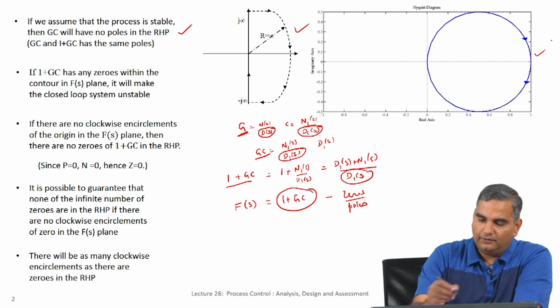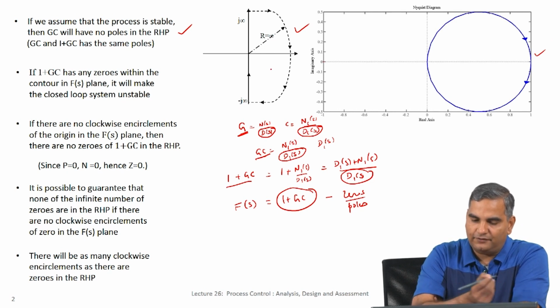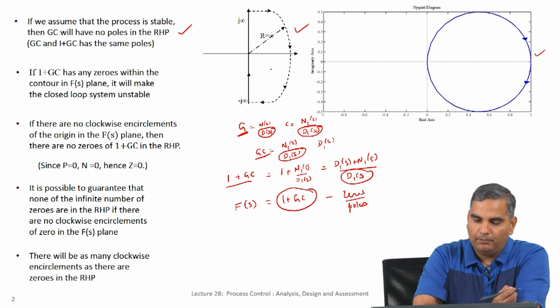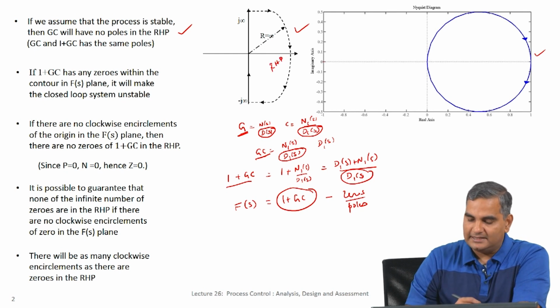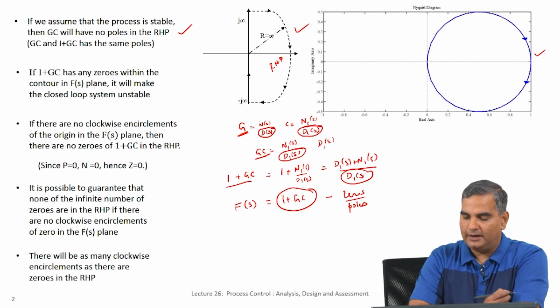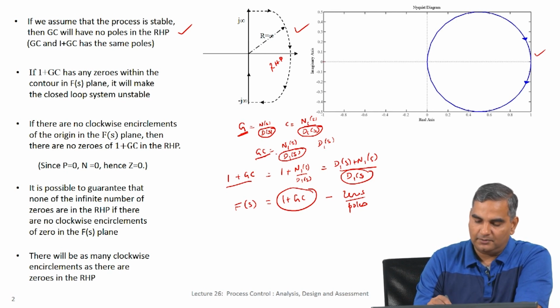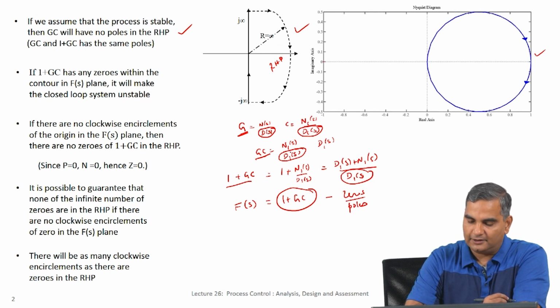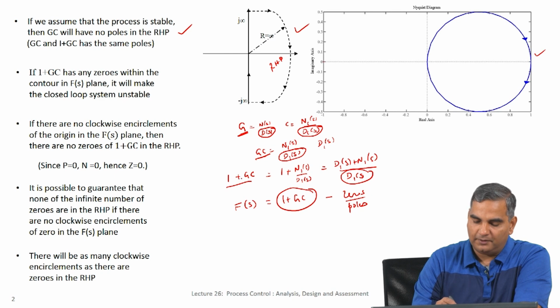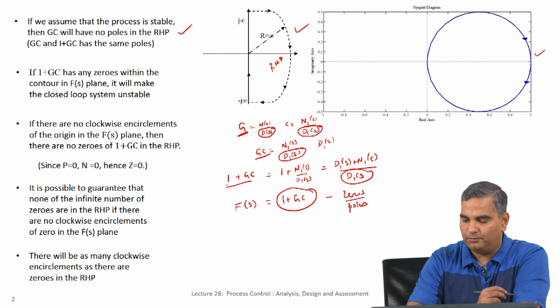Now, within this, will this f of s have any poles in the RHP? The answer is it will not have any poles in the RHP if this process is stable. Why? Because if the process is stable, we already said GC has no poles in the RHP, and the poles of 1 plus GC and GC are the same, and since GC has no poles in RHP, 1 plus GC cannot also have any poles in RHP.